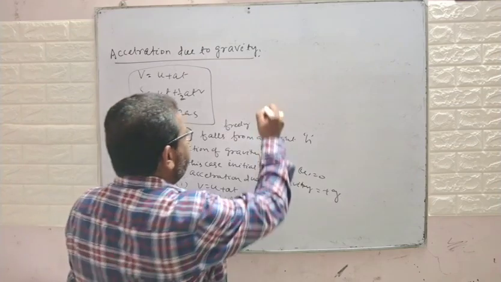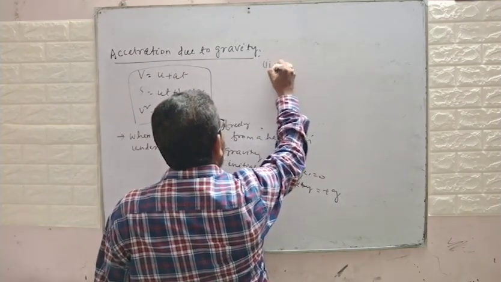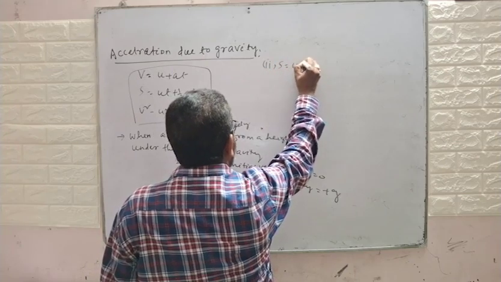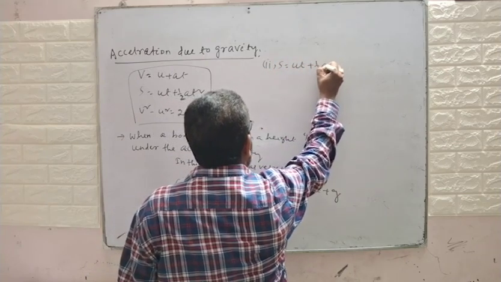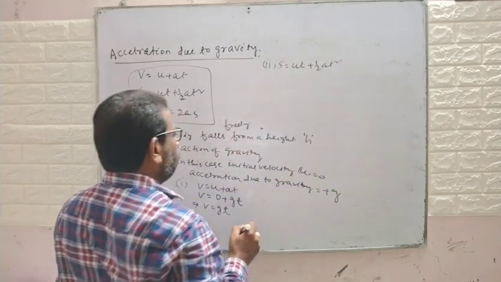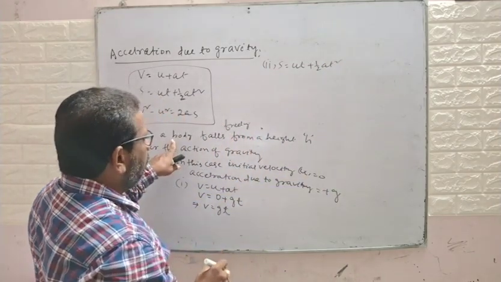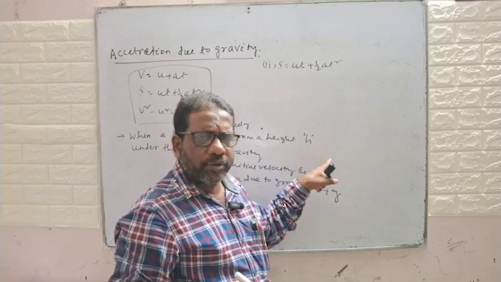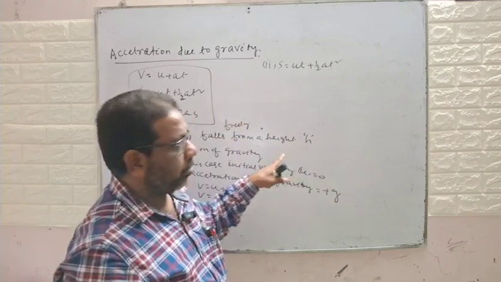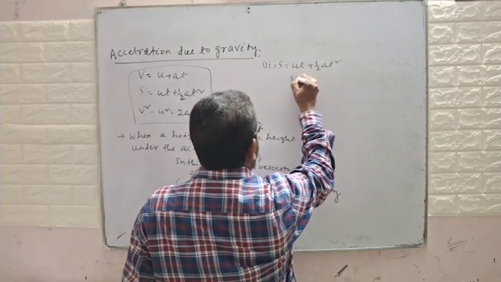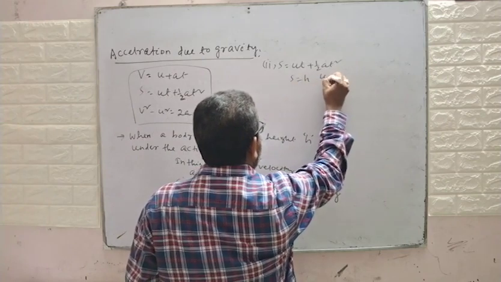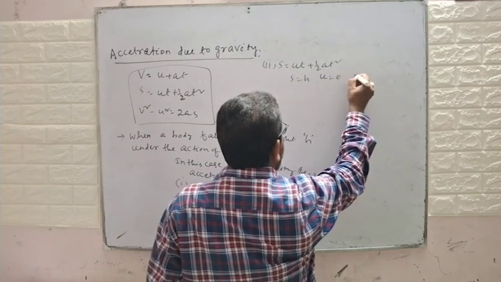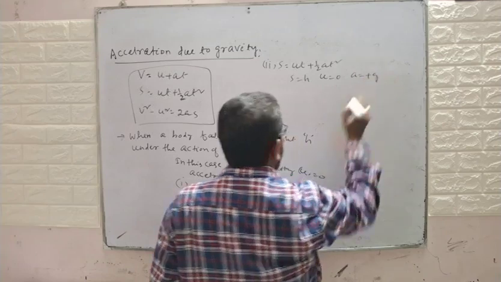Now we will come to the second equation of motion, s equal to ut plus half at square. From what height is the body dropped? From height h. Here s equal to h, u equal to 0 and a equal to plus g.